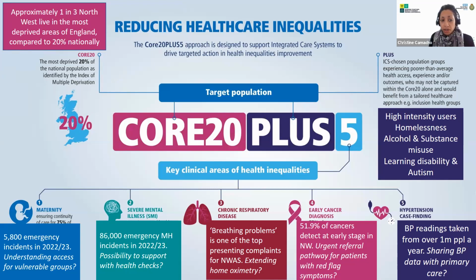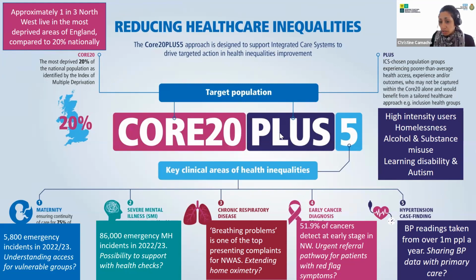So Core 20+5, so the Core 20 bit refers to the 20% of the population living in the most deprived areas. Now in the Northwest, that's closer to a third of our population, and that will be similar for the Northeast as well. But some areas will have less than 20%. The plus part refers to particular groups that we might be interested in, and there are some suggestions there for the ambulance sector about what that might be.